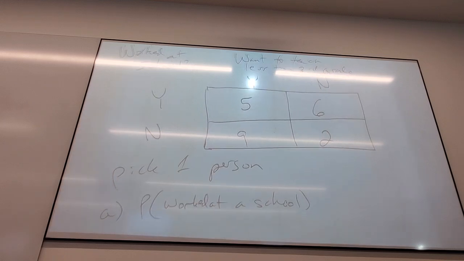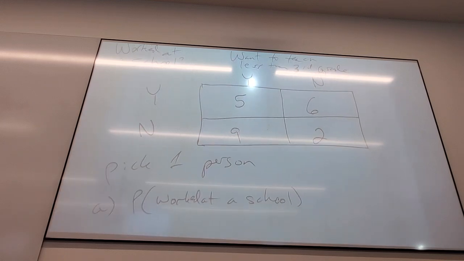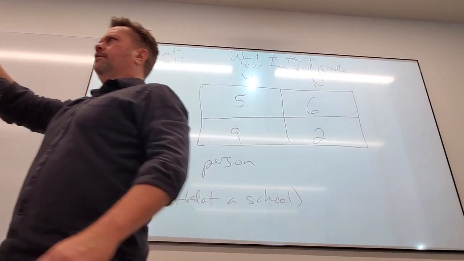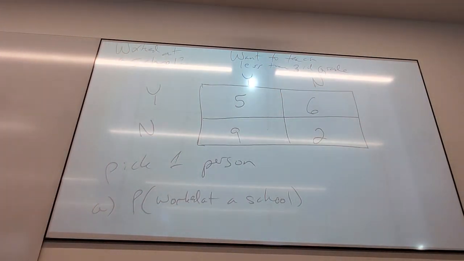It's a really good thing to do before you start to answer any probability questions. Because what are you guys doing right now? I want to know the probability that when I pick one person from this group, I get somebody who worked at a school.